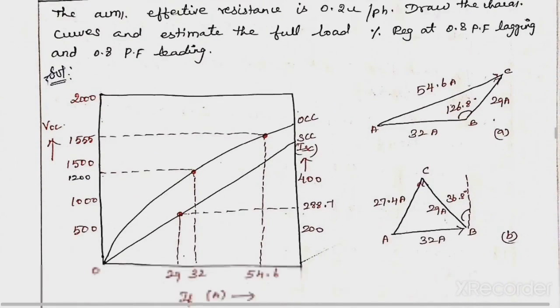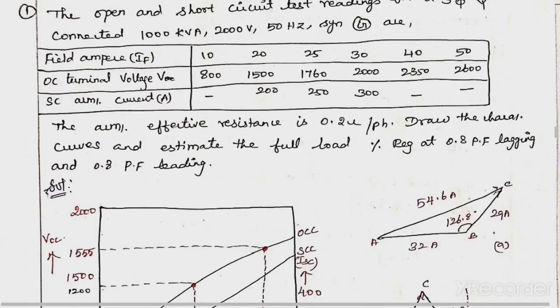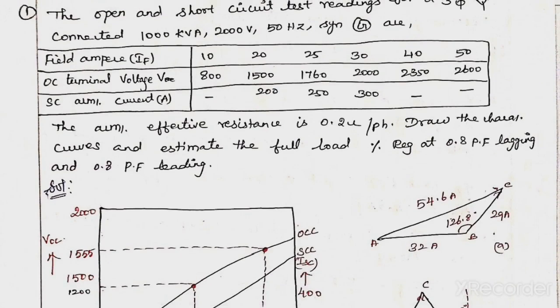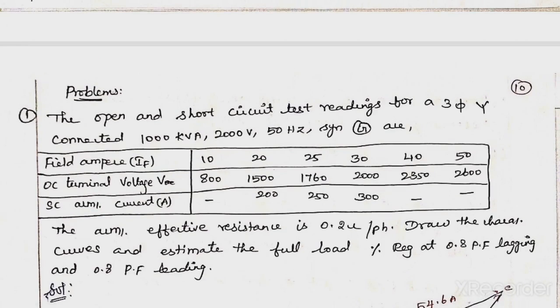So first draw the characteristics. Before that, here the OC terminal voltage is given as line voltages, so we will find the phase voltages. Here it is a 3-phase star connected alternator, so star connected means V phase is equal to VL by root 3.